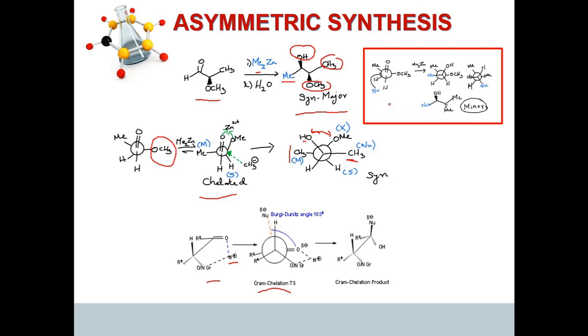Or in other words, if the attack had taken place without chelation, so this is simply Felkin-Anh. If I had performed the reaction using my Felkin-Anh model without any chelation, I would have ended up with an anti product. But the product that we observed in this particular reaction is a syn product, and the reason for the formation of the syn product is your chelated complex.